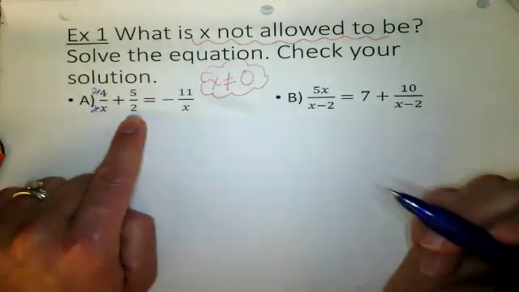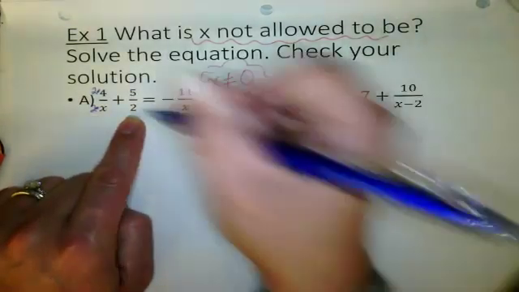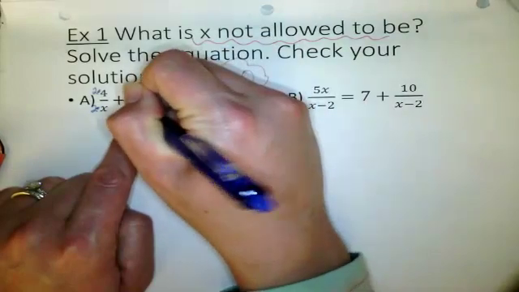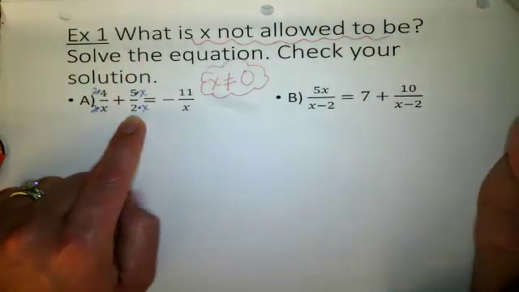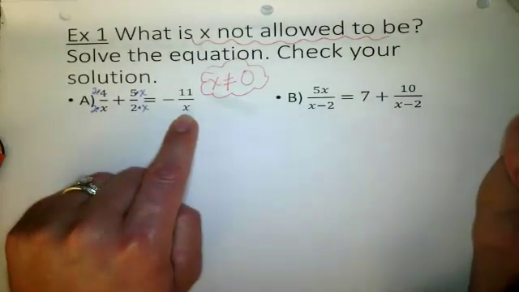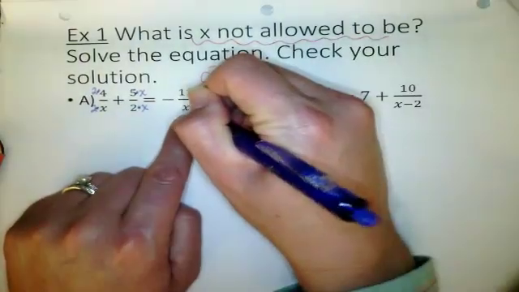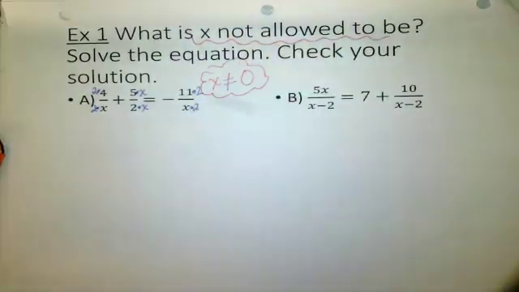The second fraction has a 2. What does it need? An x. It needs an x on top and bottom. The last fraction has an x. What does it need? A 2 on top and bottom.